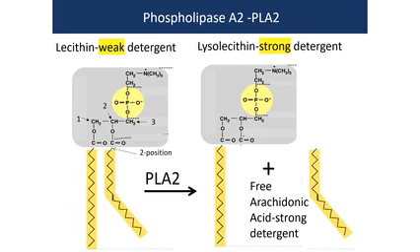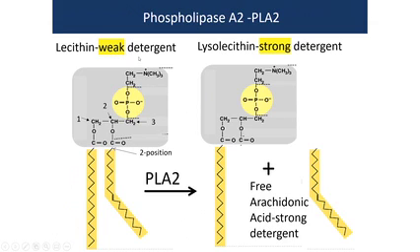Phospholipase A2 is breaking down lecithin, which is a weak detergent. So you may think, what are you talking about, detergents? Are we talking about somebody's laundry here? But that's exactly an appropriate analogy. If a thing is a detergent, it means it has the same kind of abilities that your Tide would have in the washing machine.